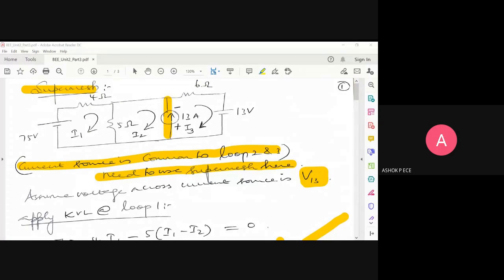Prasanna Kumar, you are there? Prasanna Kumar. I'm going to remove those who are not going to answer me. So attendance also you will not get. You will not get internal marks also.